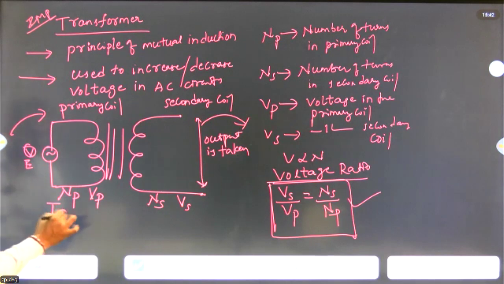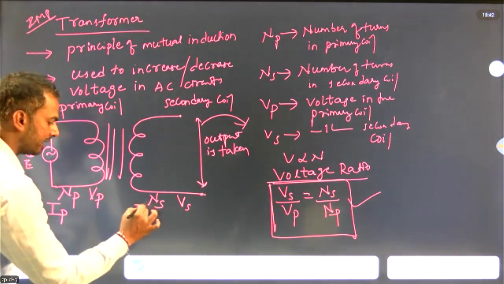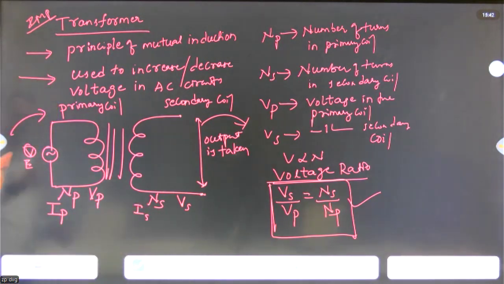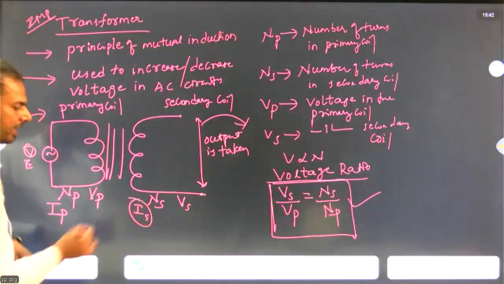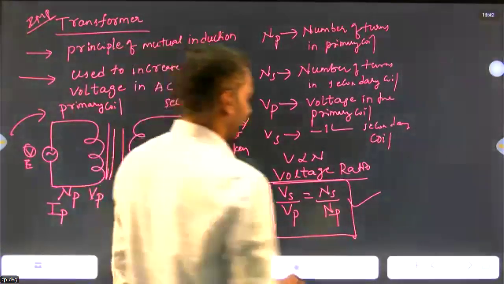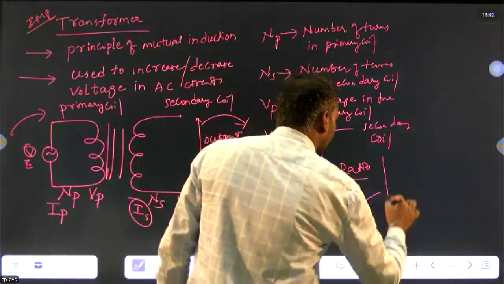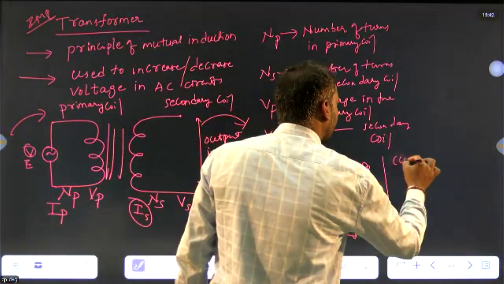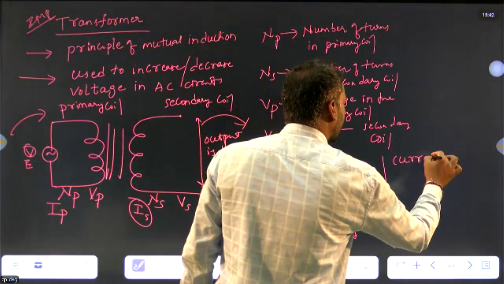Let Ip and Is be the currents in primary and secondary. Ip is the current in the primary coil, Is is the current in the secondary coil. Now what is current ratio?